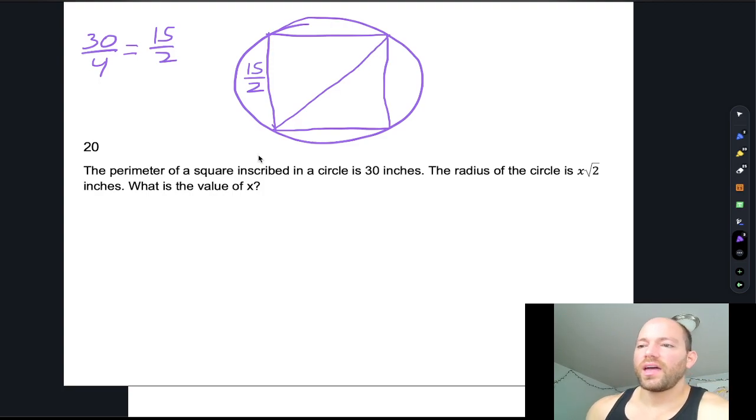And you know what that creates when you slice a square into 2 halves diagonally? We're going to talk about this again when we do triangles, but that creates a certain kind of triangle.